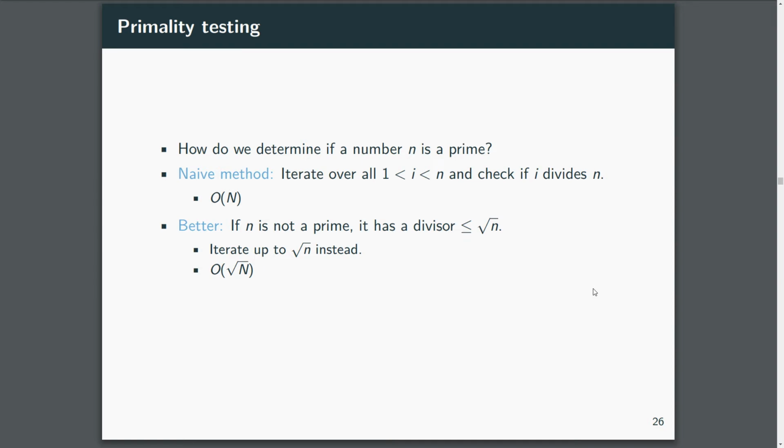Since 49 is not a prime, there must be some prime in its prime factorization which is less than or equal to the square root of 49. Because if the first divisor we had was greater, say 8, then 49 divided by 8 is going to be less than 8. So we would have found it before.